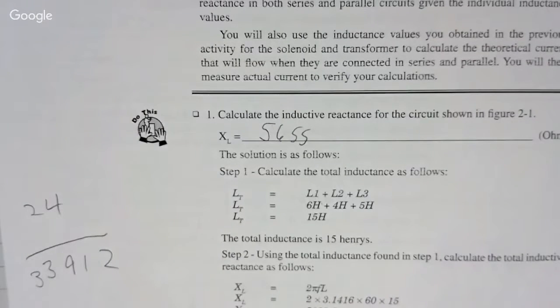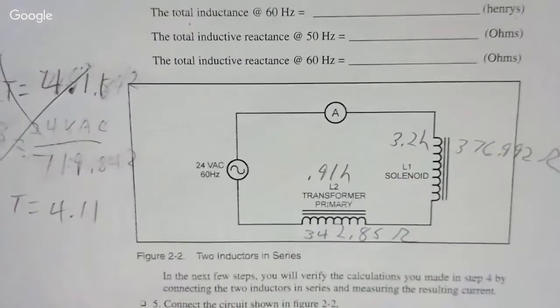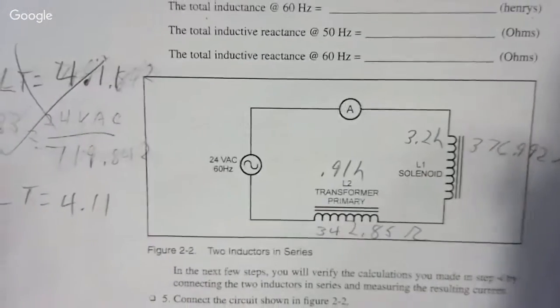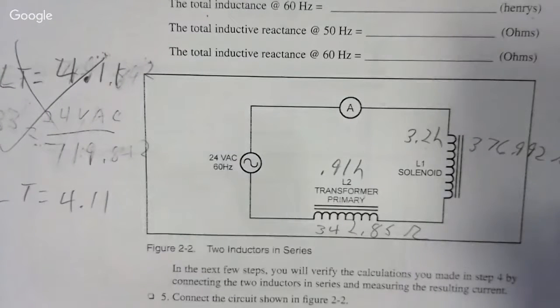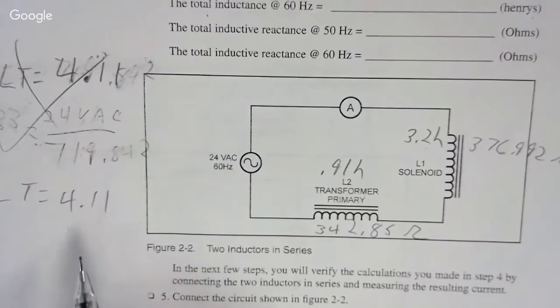So calculating our total henries in this previous circuit here, we see that we have a Henry total of 4.11.